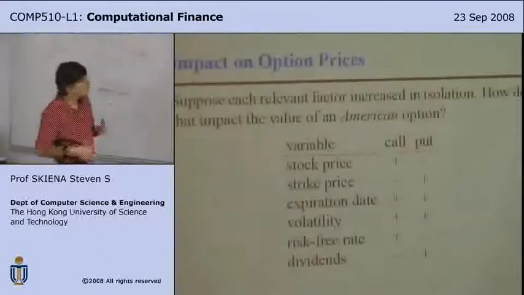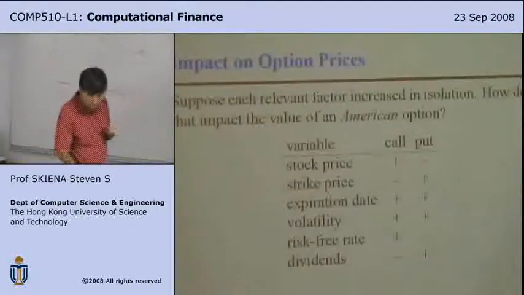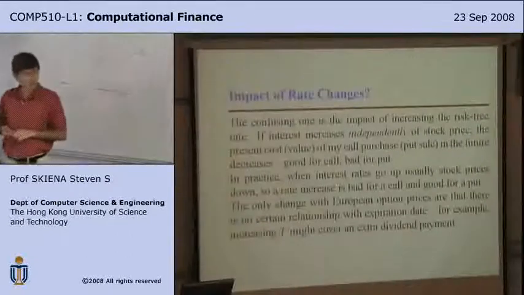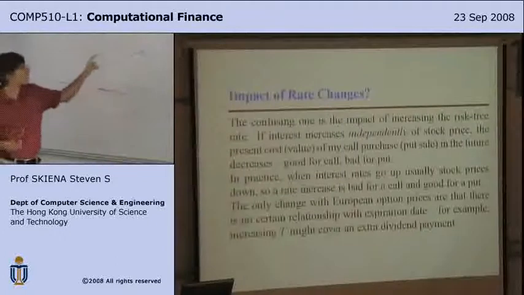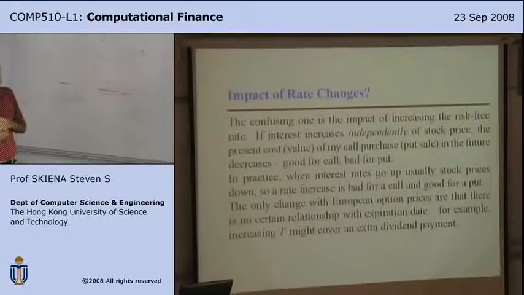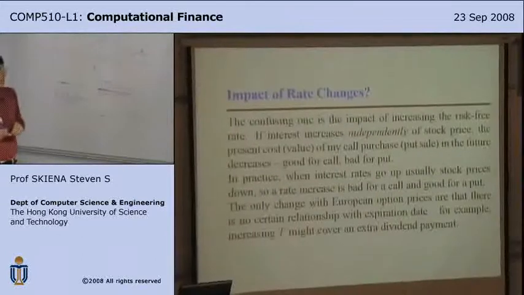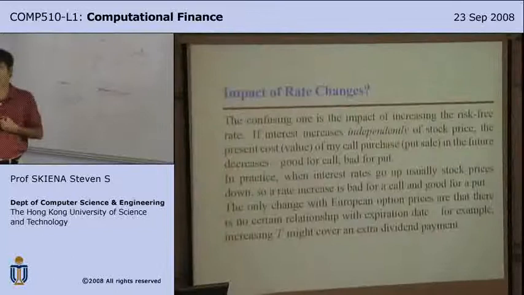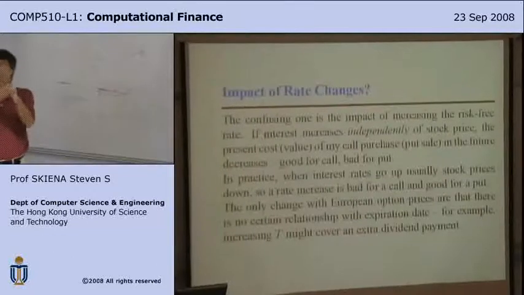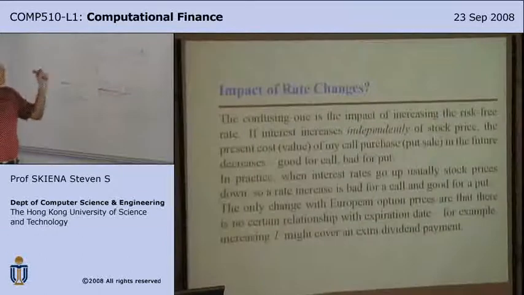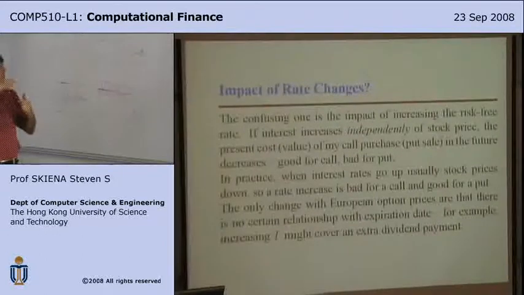The one that is confusing, and let's say more subtle, is the risk-free rate. Just to go through it quickly: if the risk-free rate goes up, if the rate of interest goes up, and nothing else happens in the world, then the argument is this.